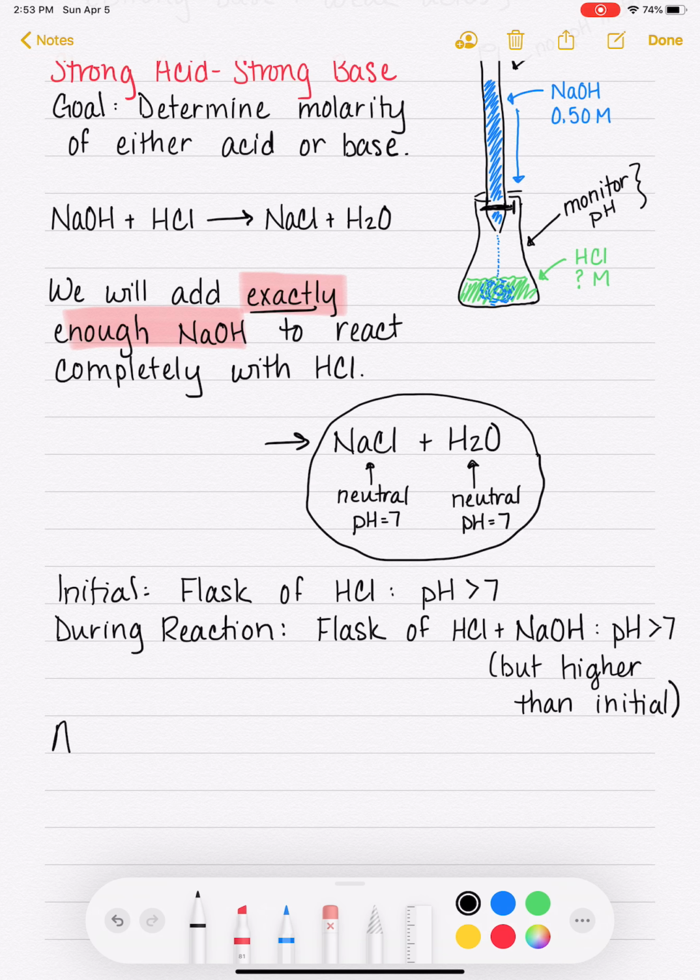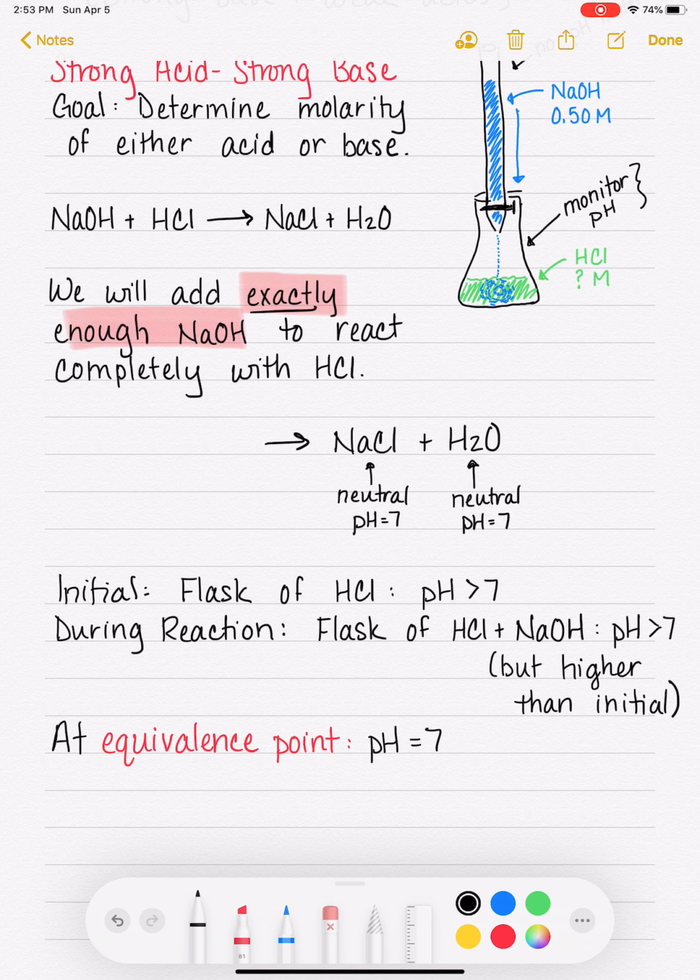So at the exact perfect point, which we call the equivalence point, the pH in the flask is going to be equal to 7 because it's going to be perfect.